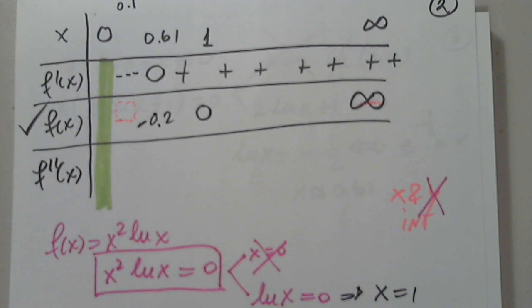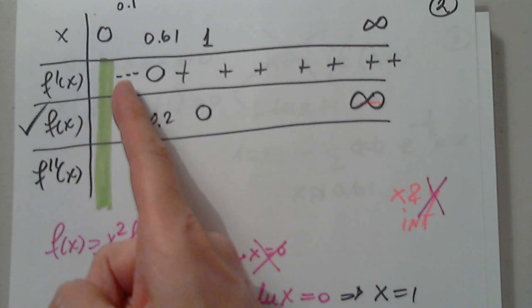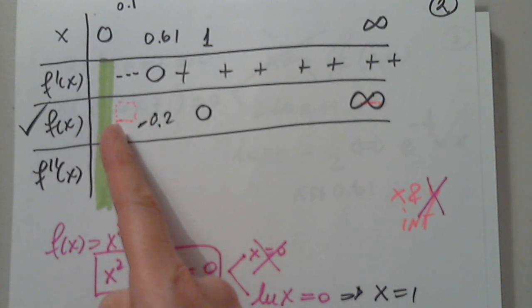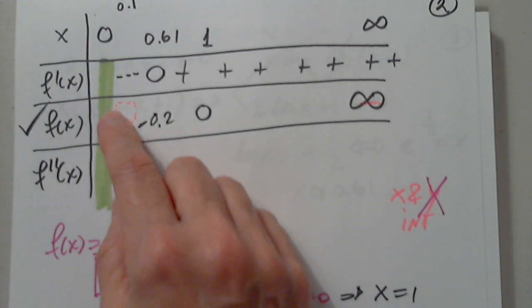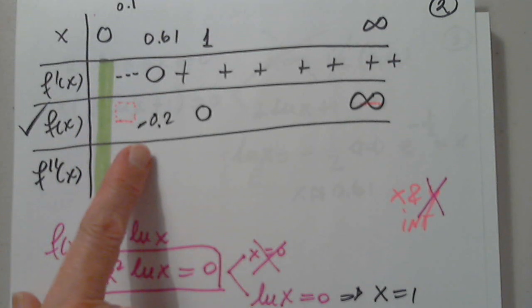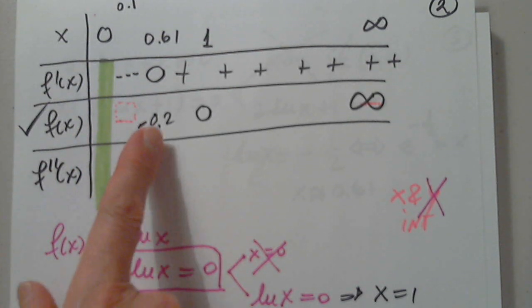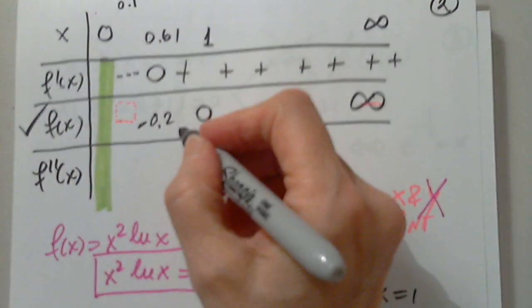So we don't know, but this is probably, I didn't calculate anything, I said later. So this is probably coming from infinity. It will be decreasing to negative 0.2 and then increasing to 0 and increasing to infinity. We're going to discuss this later, as I mentioned.